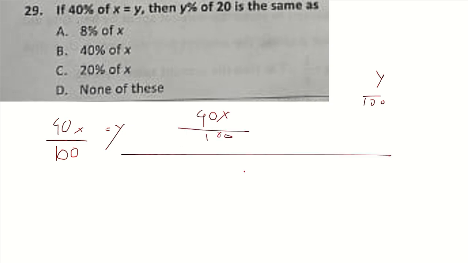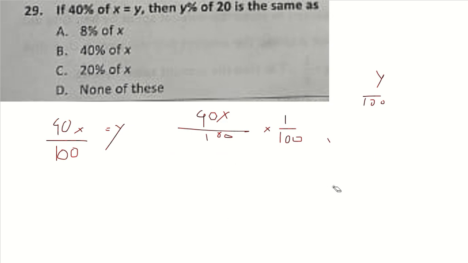So y is equal to 40x by 100. y% is y by 100. So 40x by 100 upon 100. This is known as a complex fraction, where you put 100 upon 1 here, and then take its reciprocal and multiply.